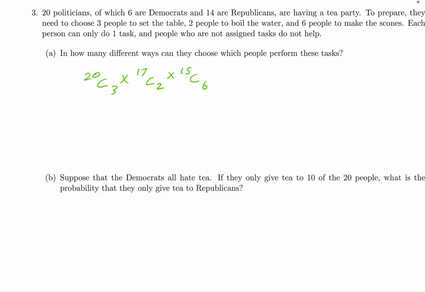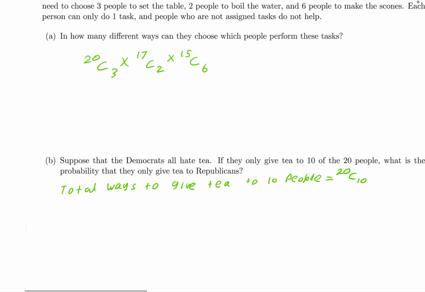How many people do we have in total? 20, right? So let me write down the total ways to give tea to 10 people. Yes, we have 20 and choose 10. That is the number of different ways to pick 10 people for the tea without any conditions.